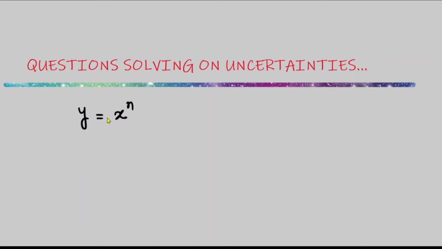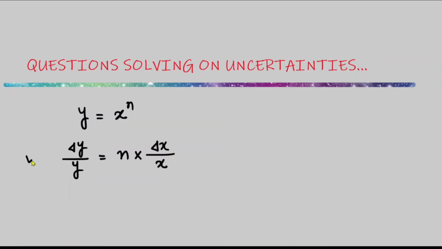If we want to find the uncertainty of y, how should we approach it? We can go with the help of the fractional uncertainty rule, that is del y by y equals n, where n is the power, multiplied with the fractional uncertainty of x.